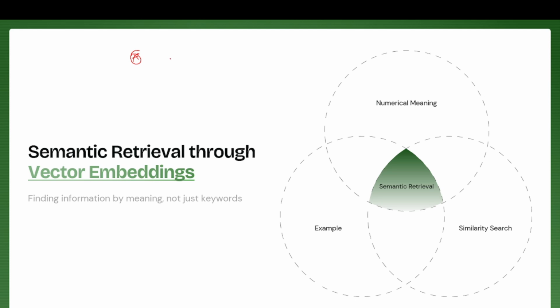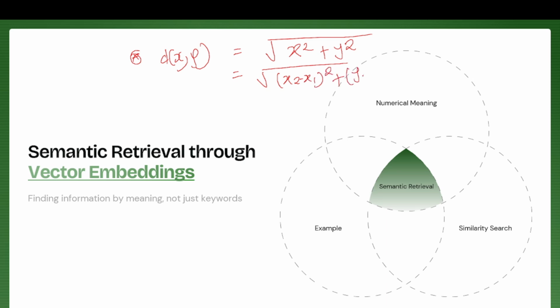So there are two ways of performing vector embedding. The first one is Euclidean distance. The distance between x and y equals the square root of x squared plus y squared, which is the same thing as computing the square root of (x2 minus x1) squared plus (y2 minus y1) squared.